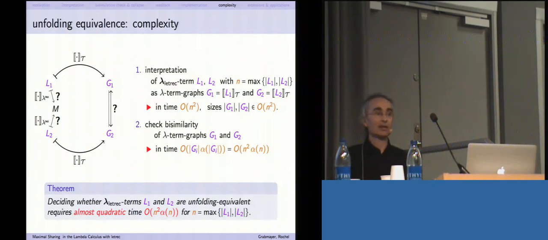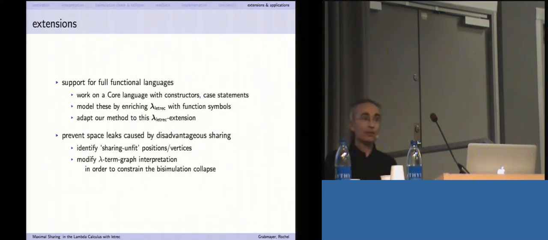So this together yields the result that deciding whether two lambda letrec terms are unfolding equivalent requires almost quadratic time, in the size of the maximum of the two given terms. Okay, this was the complexity of our methods.